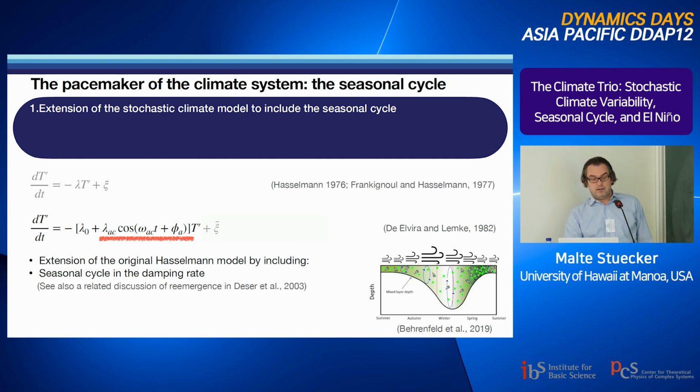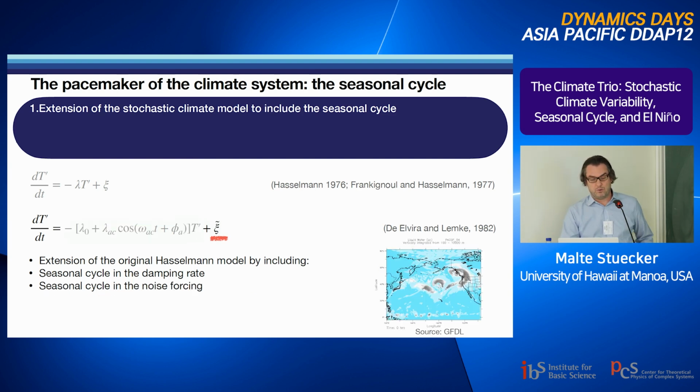Now, you can also include more complexity and consider what happens to SST anomalies in following years, and there's a mechanism proposed by Clara Deser on reemergence that plays also a role.